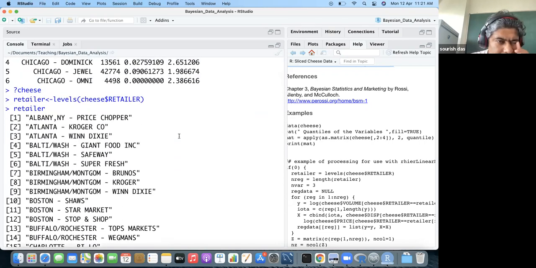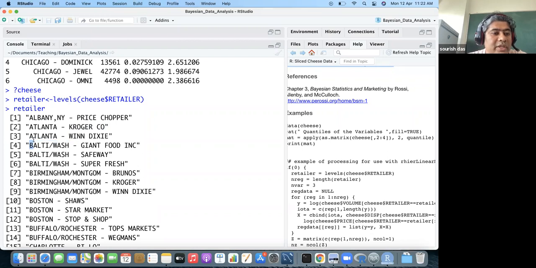Okay. Albany, New York, Price Choppers, Atlanta, Kroger Company. This Price Chopper is a big name super chain. Kroger is another, Giant Food, Safeway, Super Fresh. And Albany is a place.